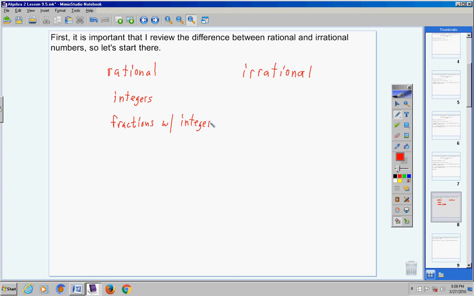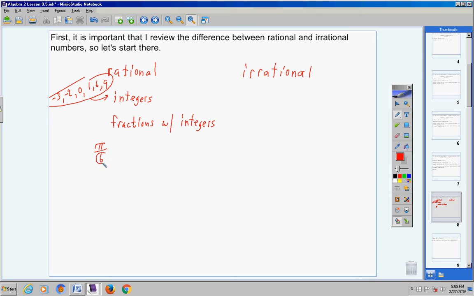It's that simple. So an integer is like -3, -2, 0, 1, 6, 9. It's whole numbers. Positive whole numbers, negative, and 0. That's what integers are, okay? So any positive, negative, whole number, or 0 is rational. Fractions with integers, in other words, if we had a fraction like this, pi over 6, that is not rational.